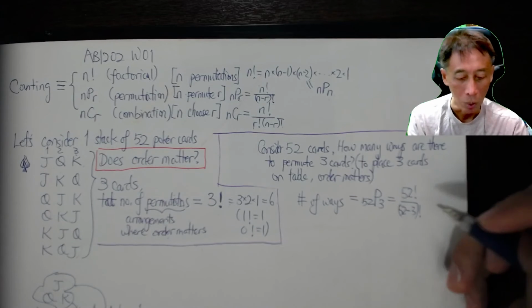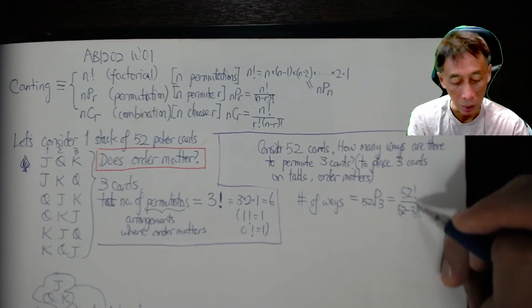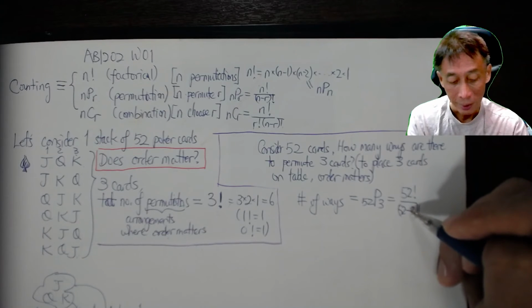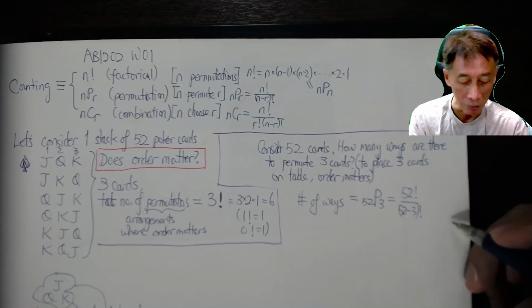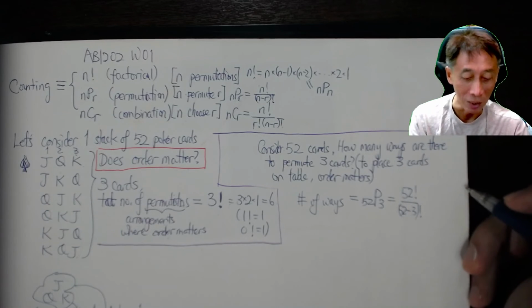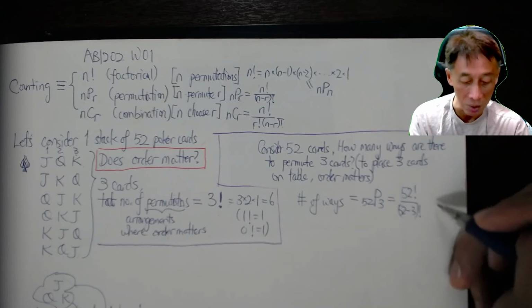Okay, so that is not too scary to calculate because the denominator is going to evaluate to 49 factorial, and 49 factorial means 49 times 48 times 47. So this is 52, 51, 50, then 49, 48, 47, right? So the whole 49 downwards, and here all the 49 downwards, they're going to cancel out.